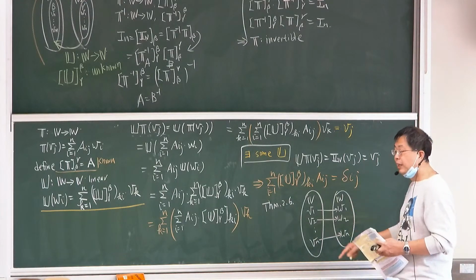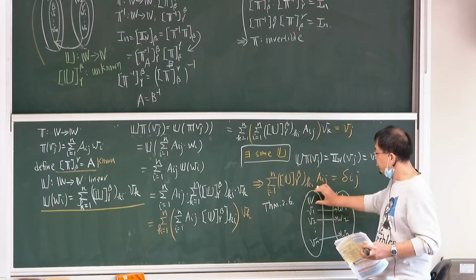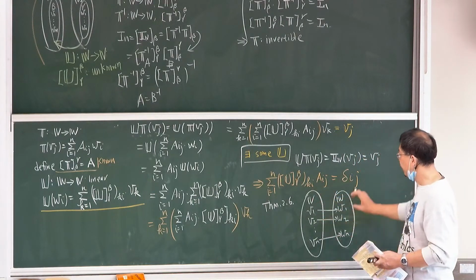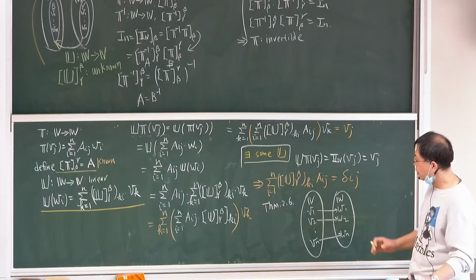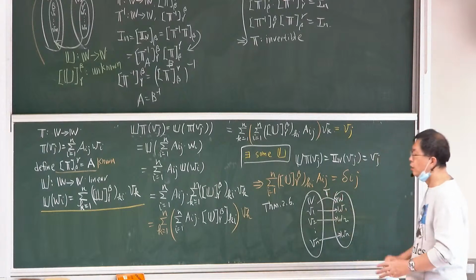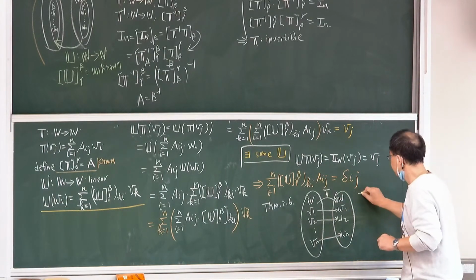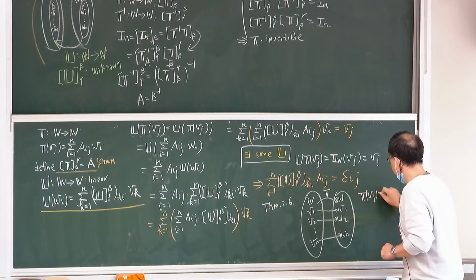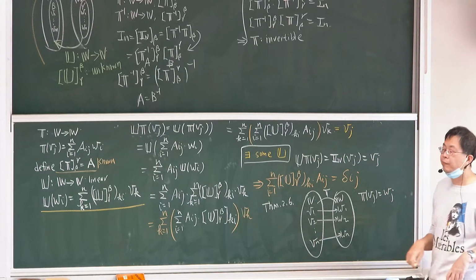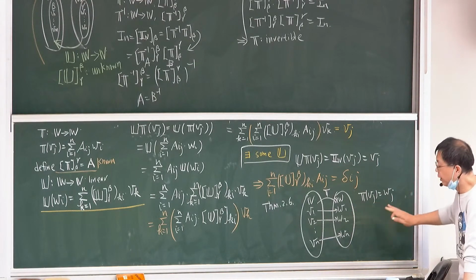Whether W1 to Wn are identical or not is not important. If I have one vector in V and one vector in W, and we have the correlation, this correlation is T. So there always exists only one transformation such that T of Vj equals Wj, no matter whether W1 to Wn are linearly independent or not.